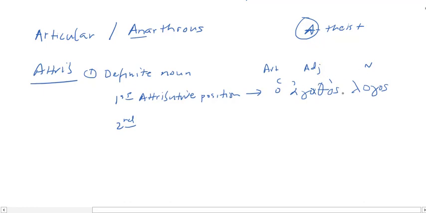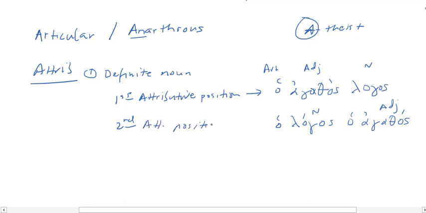The attributive adjective. Now over here I could put the word logos first. Ho logos ho agathos. Now logos is a noun, agathos is an adjective. Which one came first here? The noun. So the adjective is second, and that's why this is called the second attributive position. In both cases, what precedes the adjective?